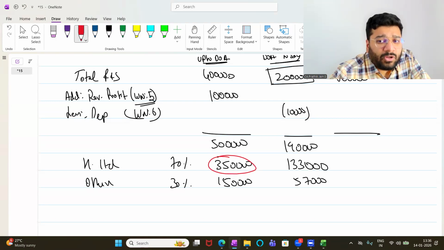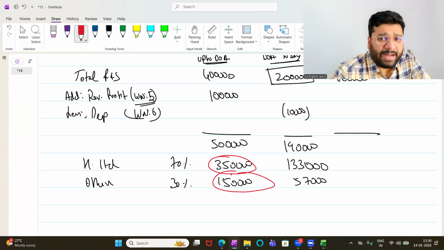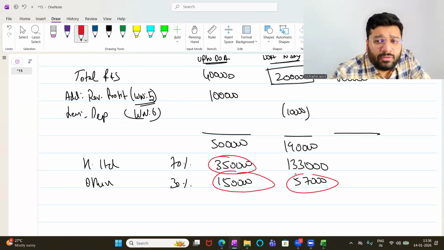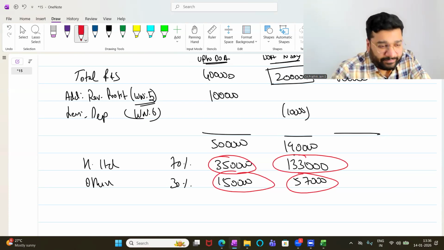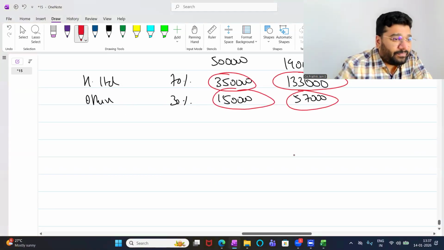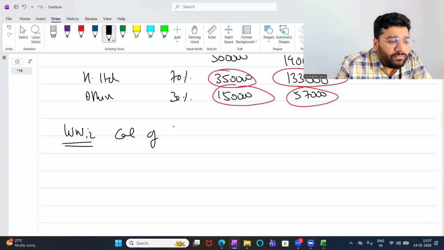Calculation of the result. Cost of control. Where will this 150 go to? Minority interest. Where this 57 will go to? Minority interest only. 133 will go to consolidated reserve and surplus. Understood? Super. Now next, what am I supposed to prepare? Working note to calculation of cost of control. Investment, how much people?